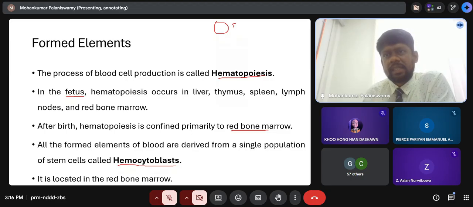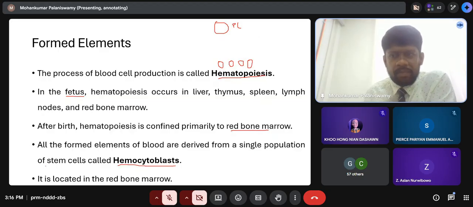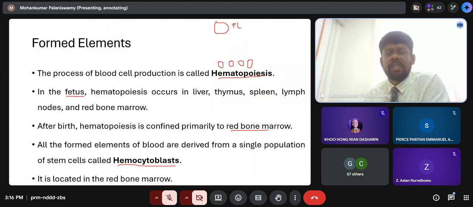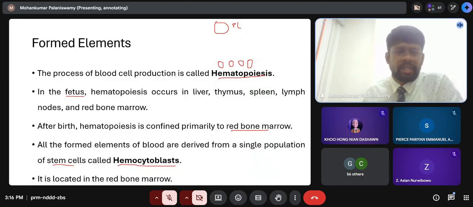From these cells, after many differentiations and proliferations, we get the blood cells. We will discuss that in the upcoming slides. This hemocytoblast, the parent cell, is a stem cell located in our red bone marrow.